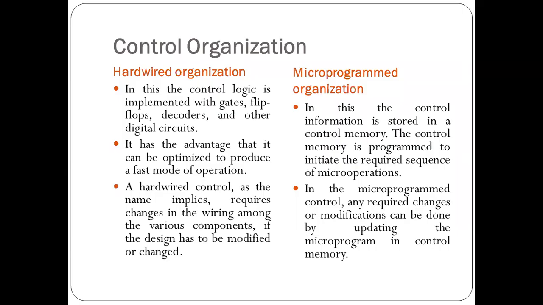It can be optimized to produce fast operations. Next, coming to a disadvantage: a hardware control requires changes in the wiring among various components if the design has to be modified or changed.